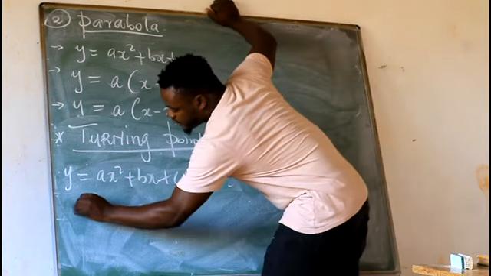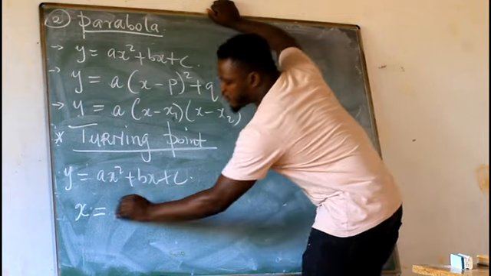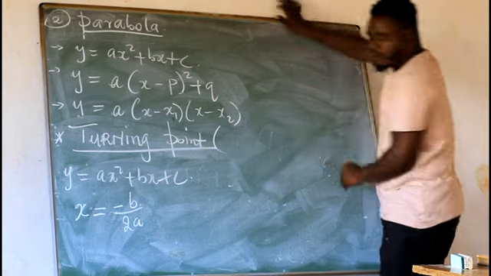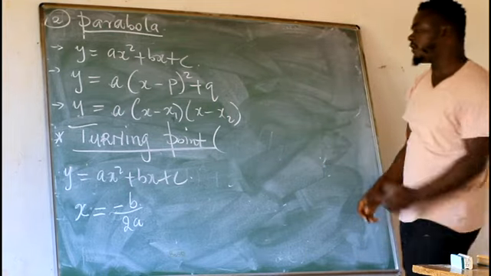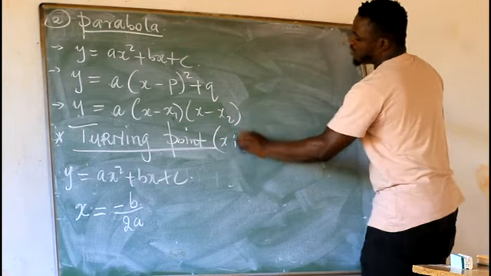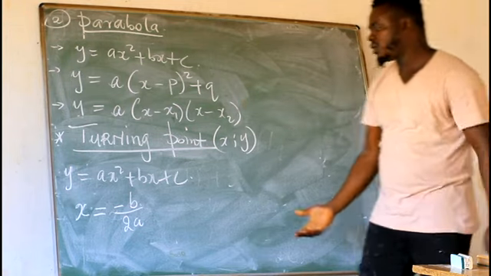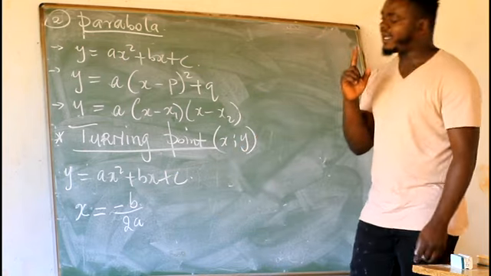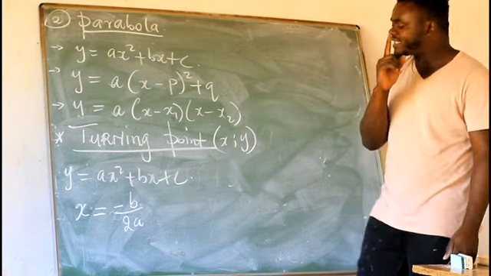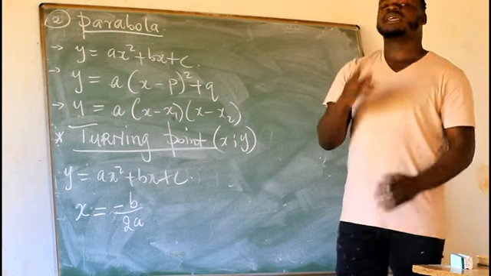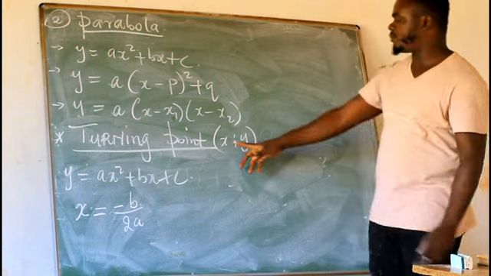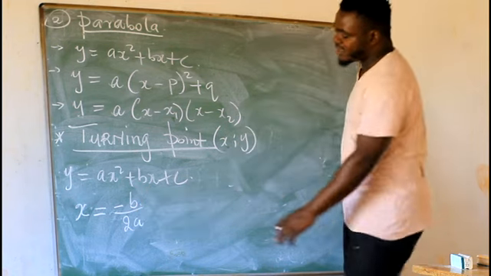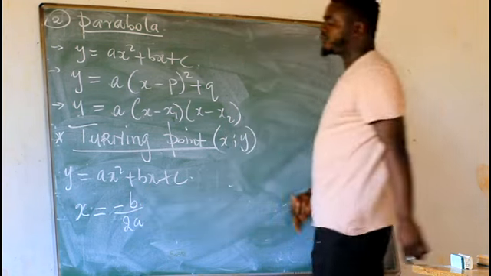You need to find the x value, and the x value equals minus b over 2a, because our turning point is given in the form of x and y. Remember, the very same x value of the axis of symmetry is the x value of the turning point. That is why we are repeating this formula: x is minus b over 2a.